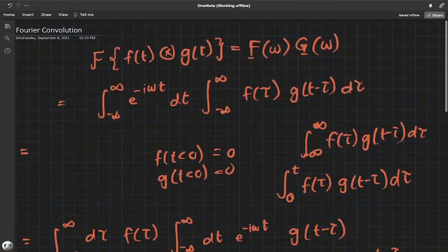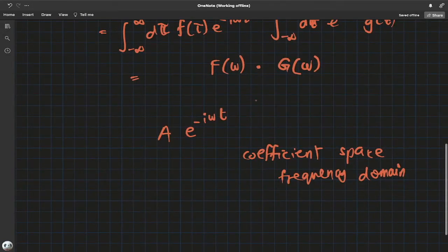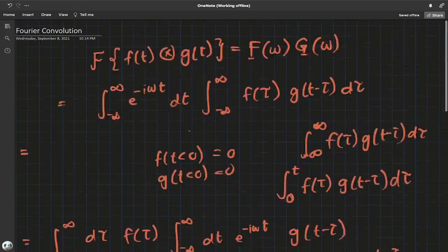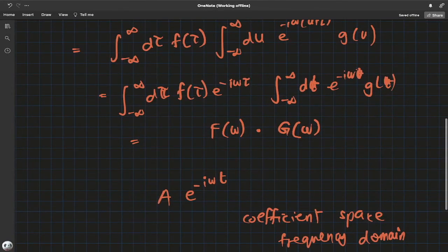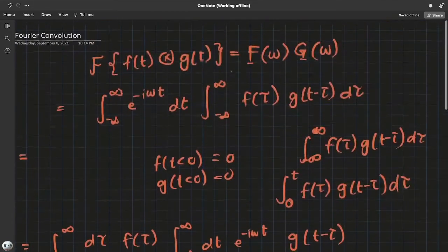So if you mix them, it says that's equivalent to multiplying the coefficient distributions of each of those functions. That's a really abstract way of thinking about it: you mix the signals, but the Fourier transform recognizes them as the product of the coefficient space, so the frequencies get multiplied.